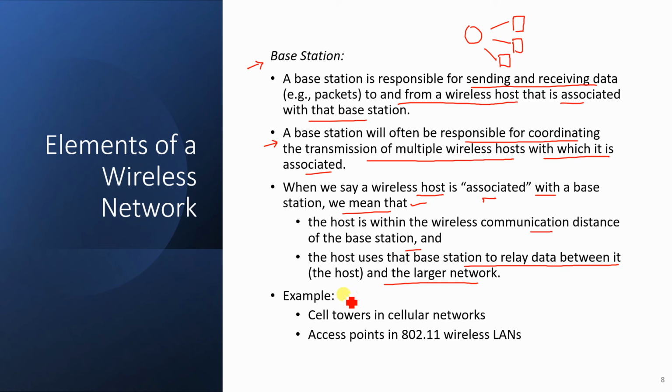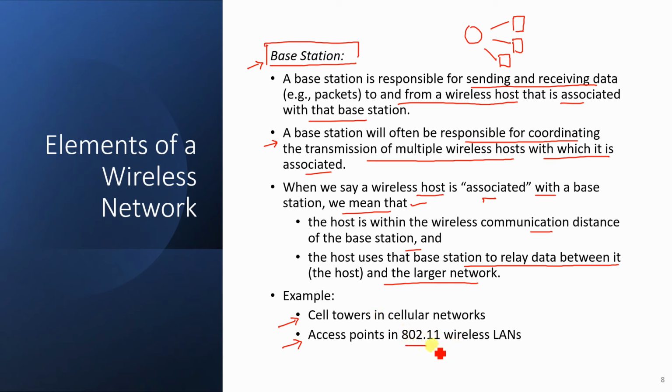So you can take the example of a base station as your cell towers or any access point which is connected in your organization maybe. A cell tower in a cellular network is acting as a base station through which the telephone communication takes place. And while you are inside your organization, you might have seen several access points providing 802.11 wireless LAN connection.